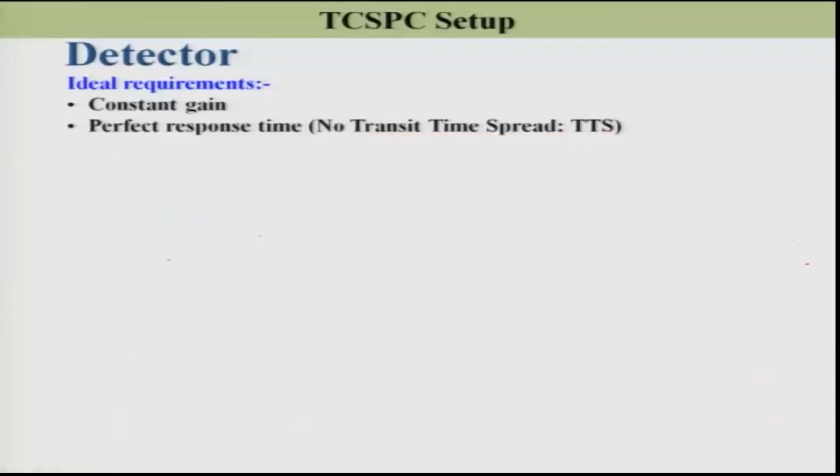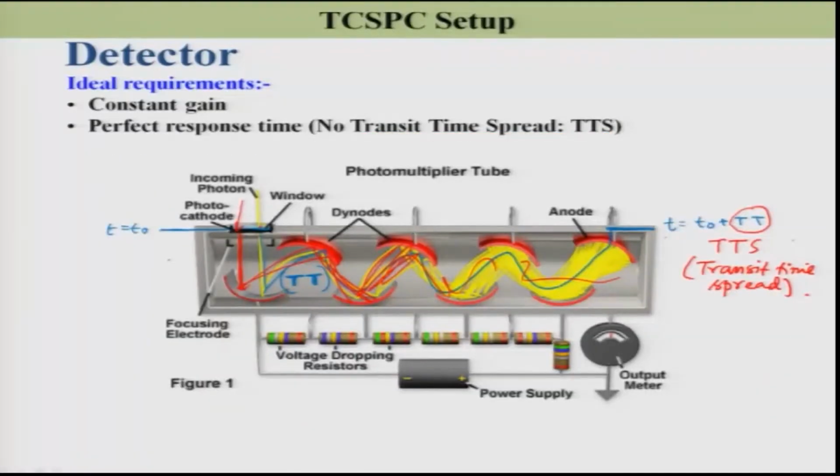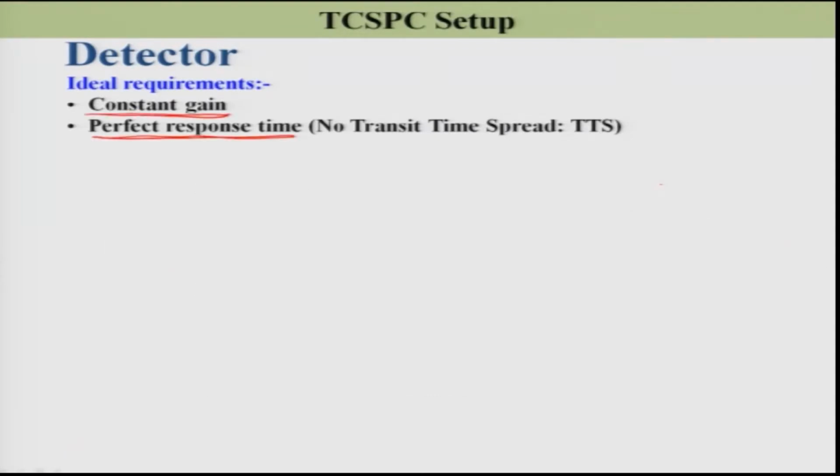I want to measure the arrival time of the photon. If you remember our TCSPC system, the photon arrives here and it takes some time for the conversion, then the electron pulse goes and tells the stopwatch, my tag, that now I got a photon, so you stop counting. Let's describe it once again.